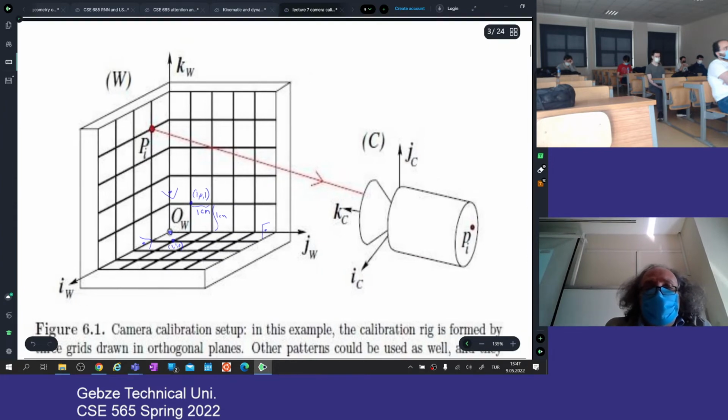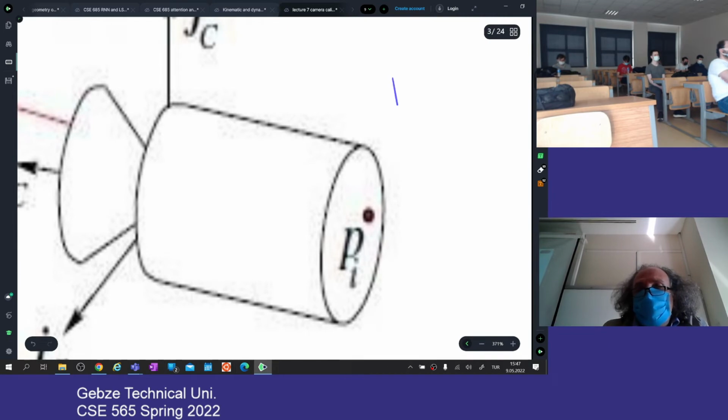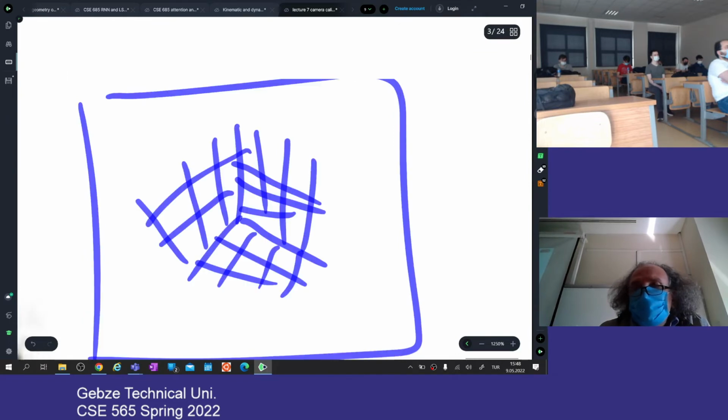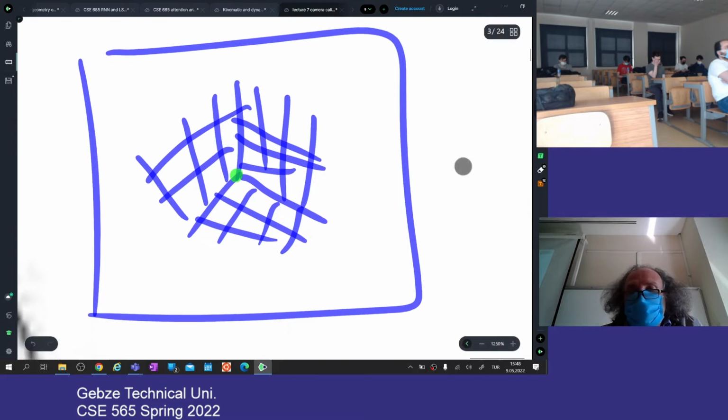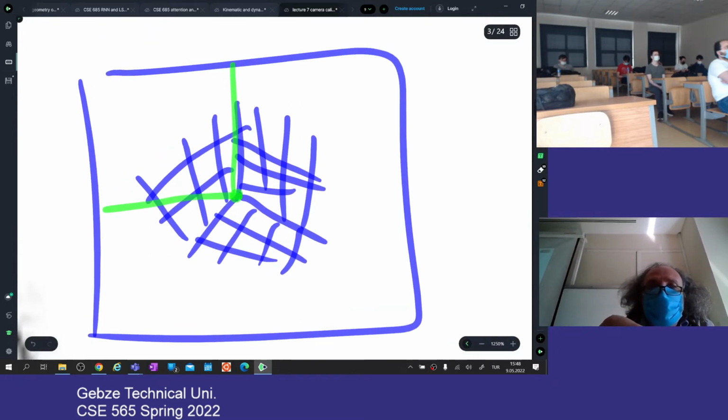If I take a picture of this setup using this camera, it will produce an image like that, and in that image I will have lines like those. And I know that this point will correspond to 0 0 0 in the real world, but in my image coordinates this one will correspond to column number 50 and row number maybe 30.